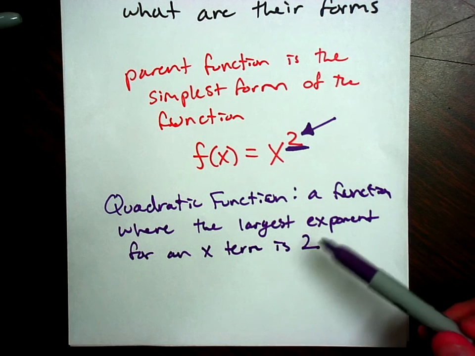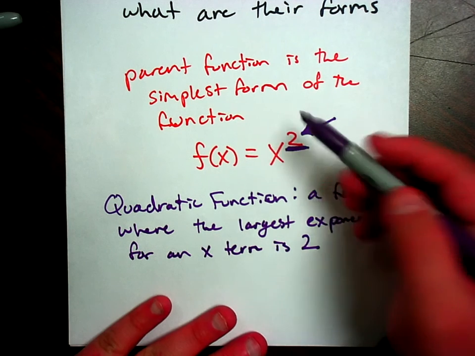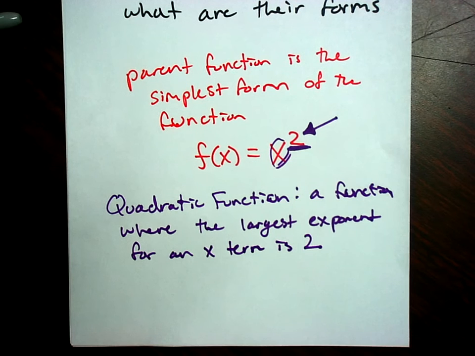Okay, so where a square is the largest exponent over an x term. It's got to be over the x. Over 4 doesn't make it quadratic. Over an x term.